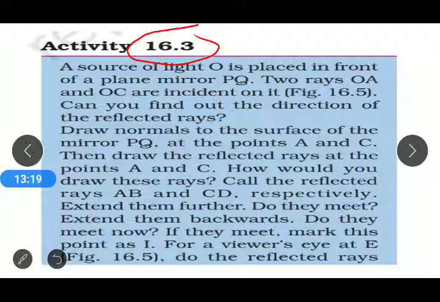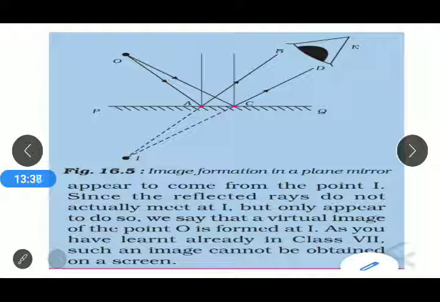We have already learned in previous classes that a plane mirror has some properties, and we will discuss the properties later. But before that, we need to understand how we perform that activity.